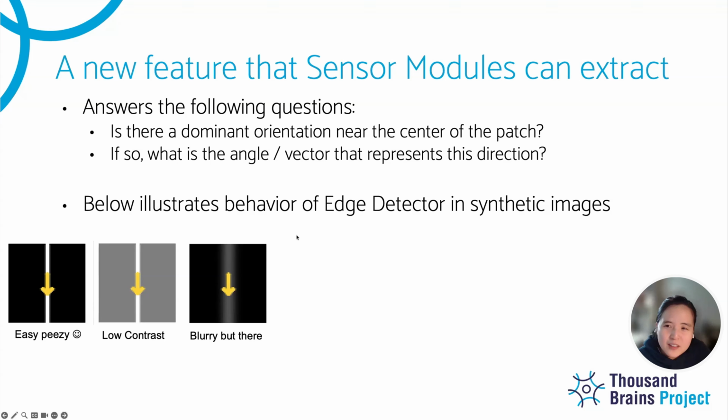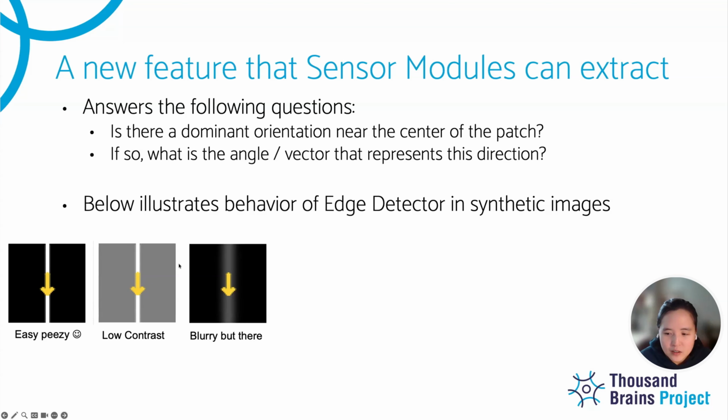I feel like we use the term edge detection, but that is a misnomer, because it's a lot more complicated than that. You might not think of this as an edge canonically, you might only think of sharp edges.